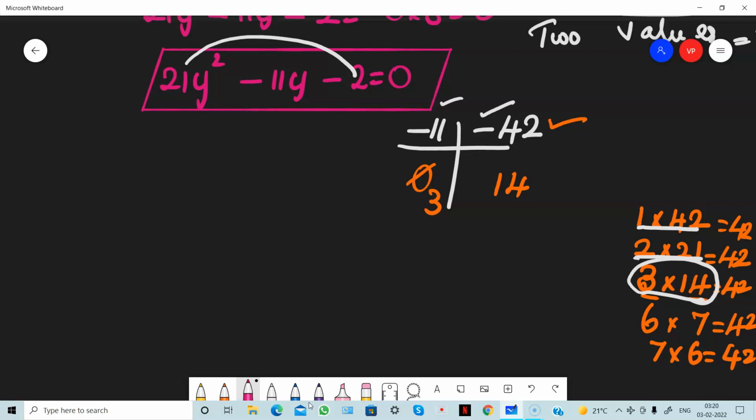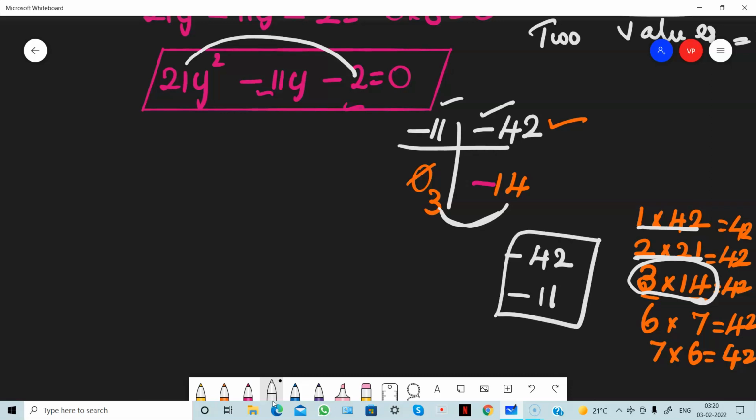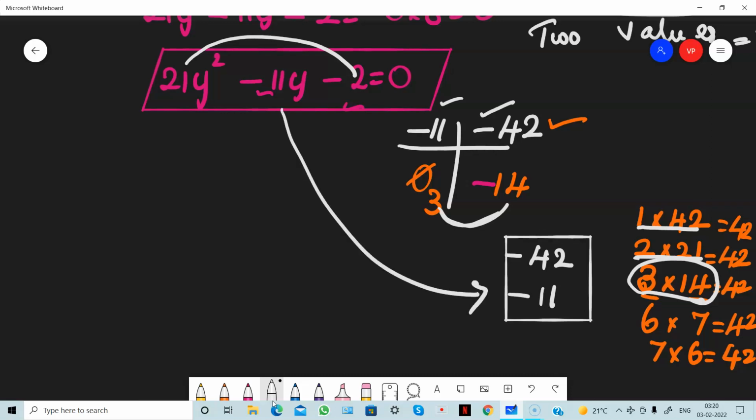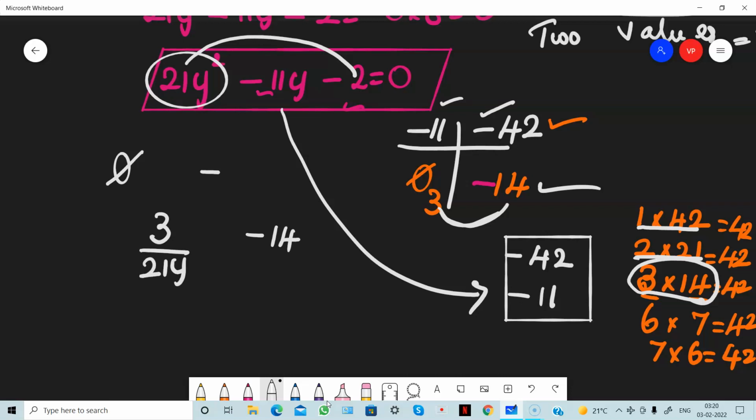If you give the larger number the negative sign, you will get minus 11. If you multiply, we get minus 42, and if you subtract both the numbers, I get minus 11. So this is the perfect one. How do you write your final answer? 3 and negative 14. Write this with 21y.